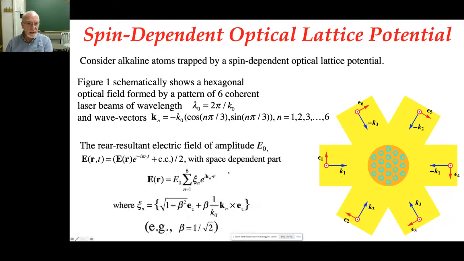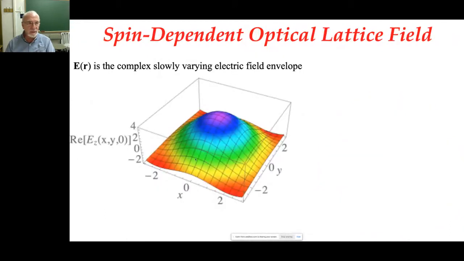So I take these 6 beams with polarizations that have 2 components, a Z component out of the board, out of the plane of this figure, and a component in plane. And that produces an optical lattice potential which couples directly to the spin of the atoms.